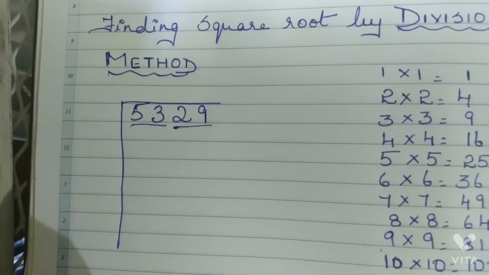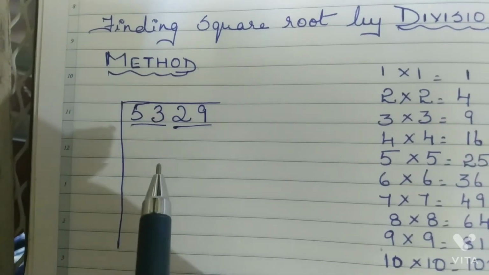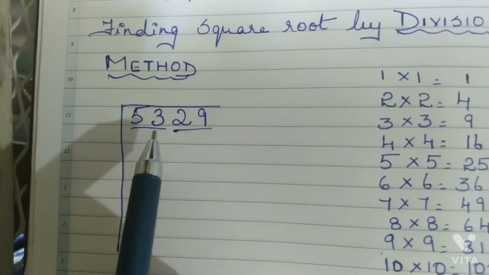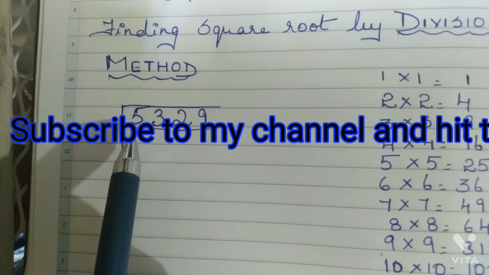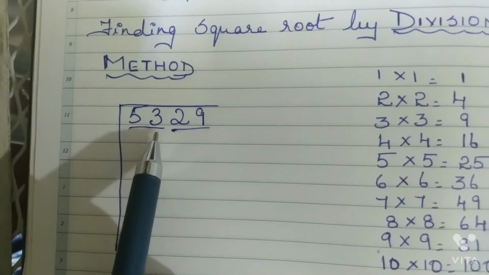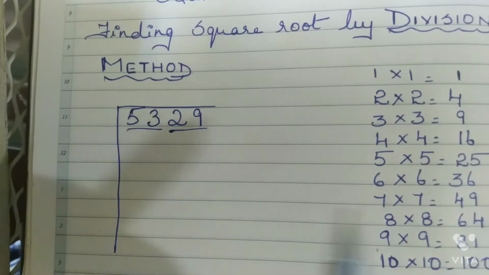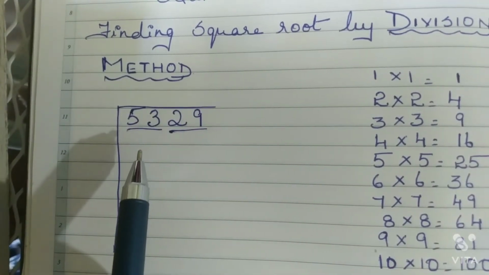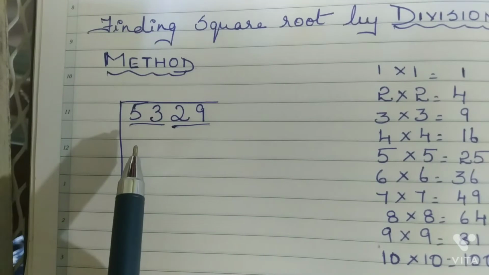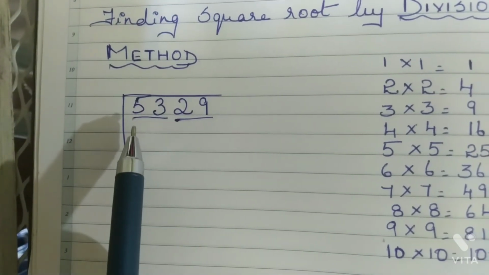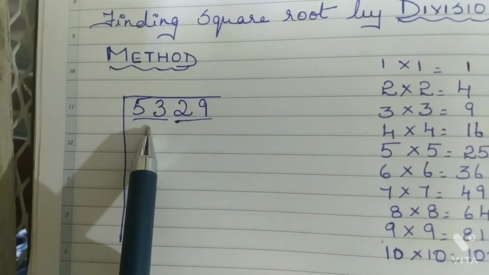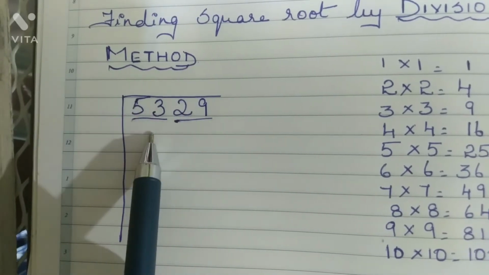After pairing, we will take the first period, that is the first pair 53, and check for the square. When you're checking the square, we need to check for the square which is close to 53 or equal to 53.